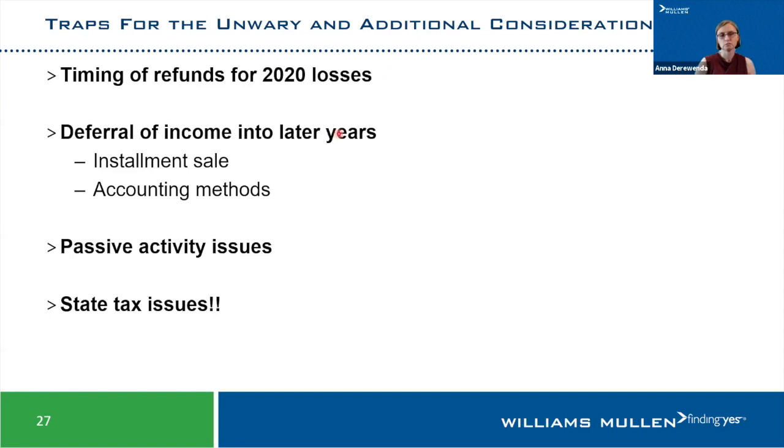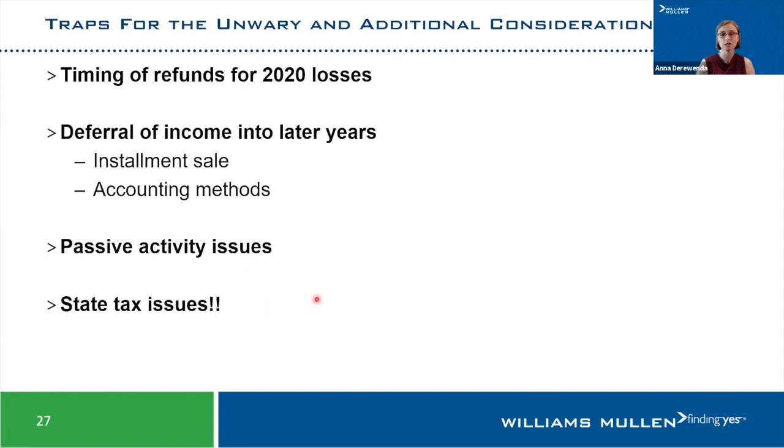Another point for consideration may be what is included in your losses. Can you use installment sale to maybe defer income into next year, or accounting method changes, so that you're really maximizing the access to the losses in 2020 or 2018 or 2019 before they go back to some of the more restricted rules in 2021. And always we have passive activity issues and state tax issues.